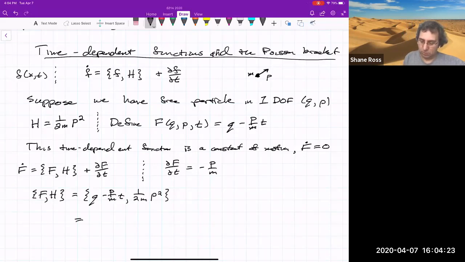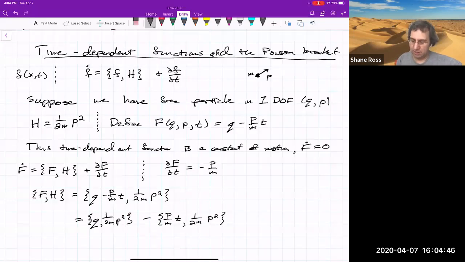This gets split into two, kind of like by the addition property. This is Q 1 over 2M P squared minus P over M t, Poisson bracket with 1 over 2M P squared.